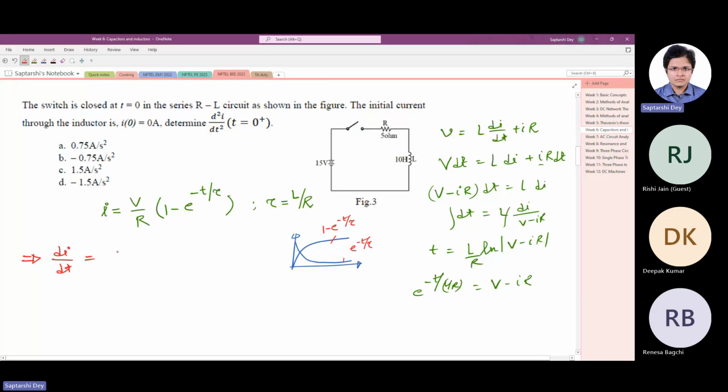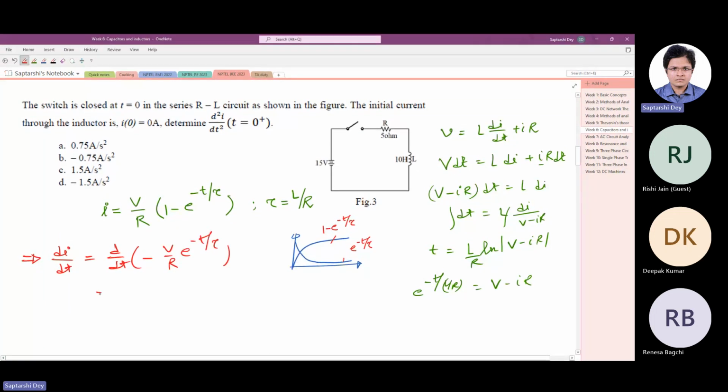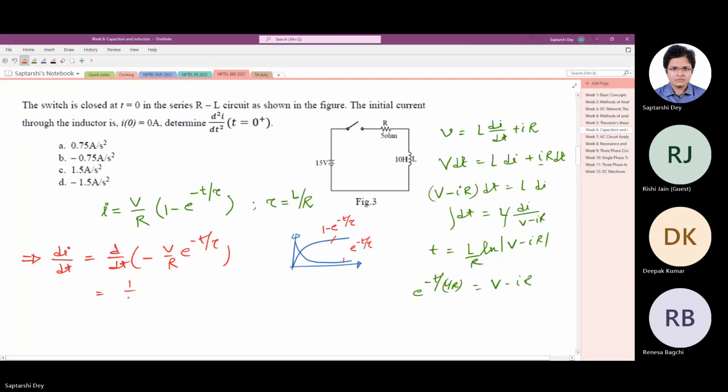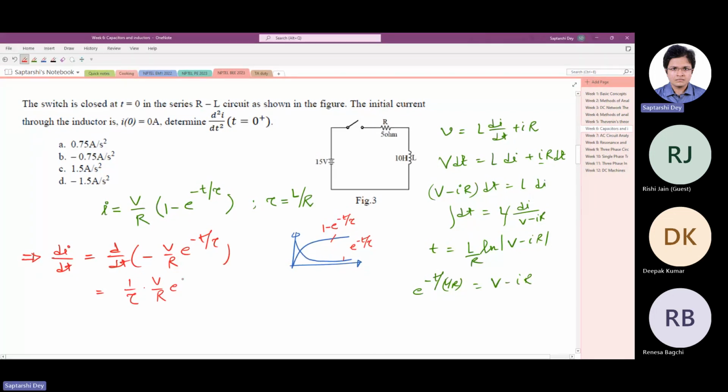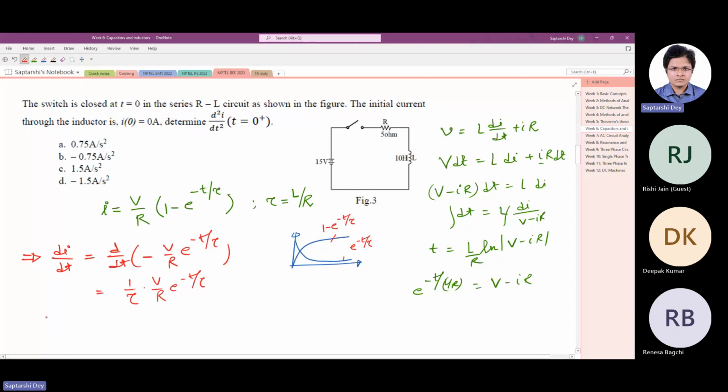So it is basically d/dt of minus V by R e to the power minus t by tau. So this minus minus cancels out, 1 by tau comes out, 1 by tau times V by R e to the power minus t by tau. Tell me if I am making a mistake anywhere.